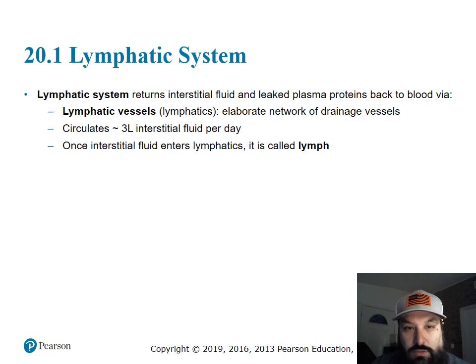So here's the main function of the lymphatic system. Again, interstitial fluid is the fluid they're discussing there. That fluid comes from the blood, and also the leaked plasma proteins, which come from blood. We take the lymphatic fluid and the plasma proteins via a system that we call the lymphatic vessels.